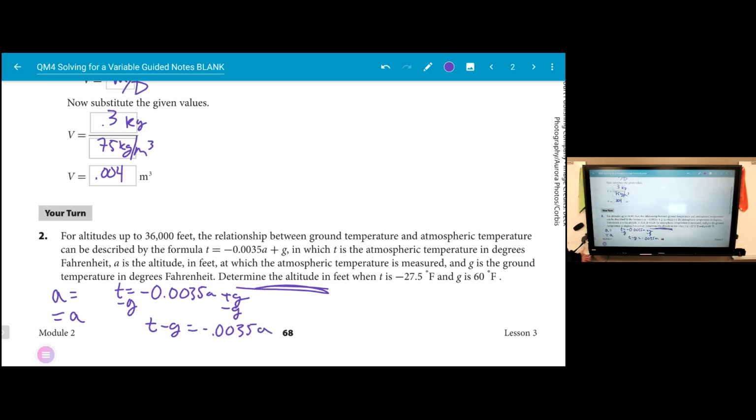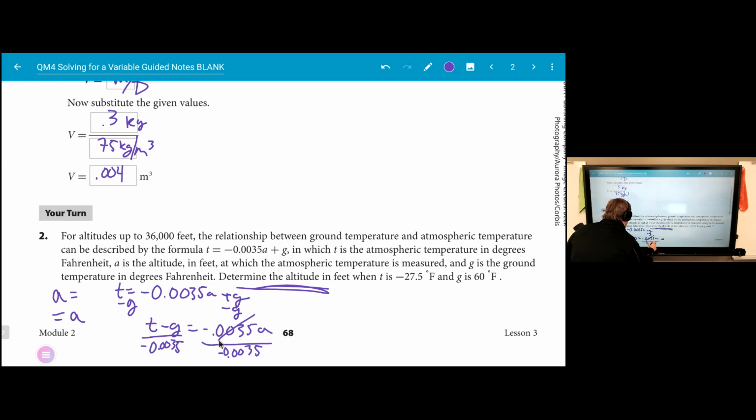And then the inverse operation of multiplication is division. Divide both sides by 35/10,000ths. If I divide the right, I need to divide the left.